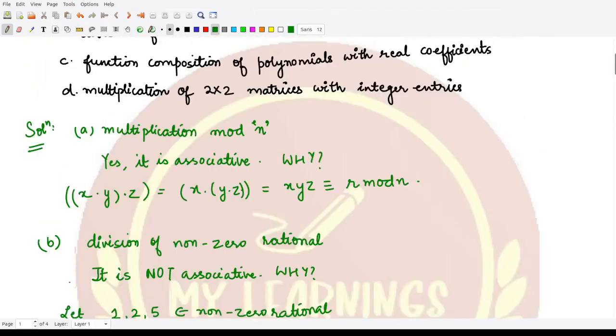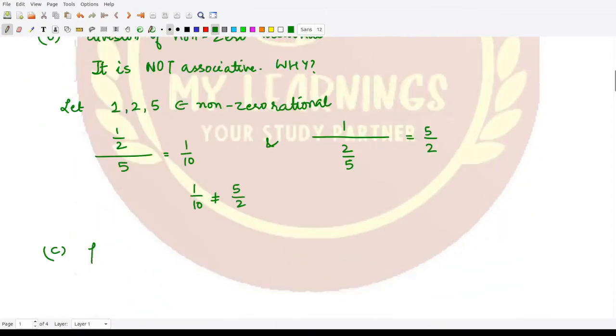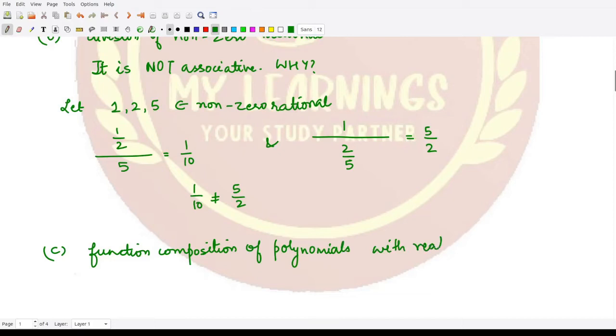The third is function composition of polynomials with real coefficients. So let's consider three such polynomials. The answer is that it is associative. How is this so? Let's have a look.